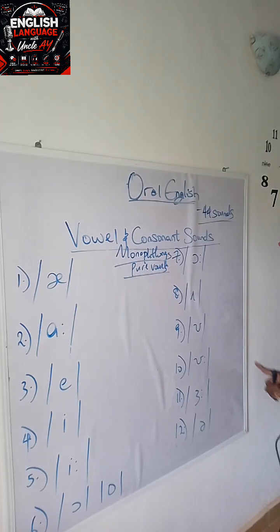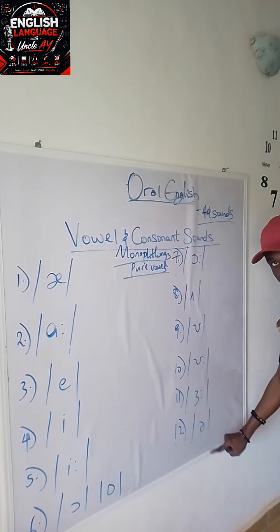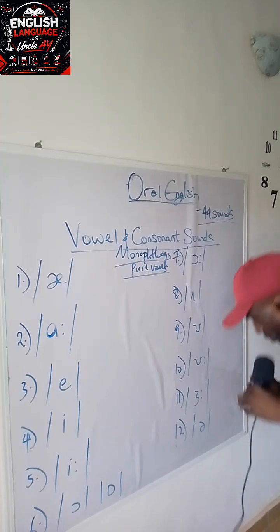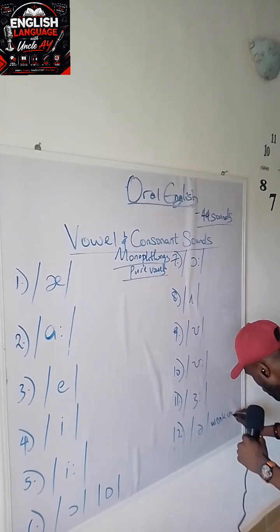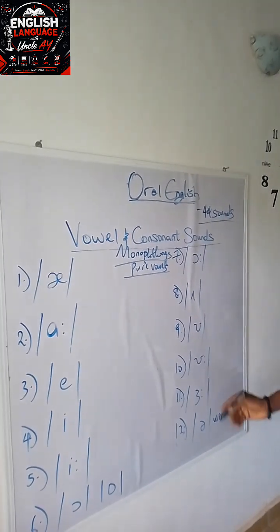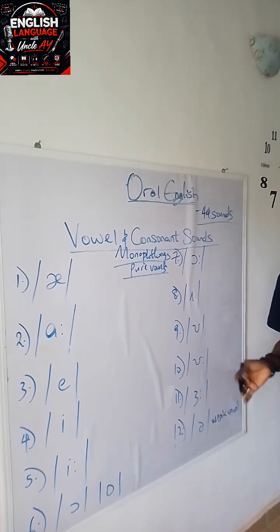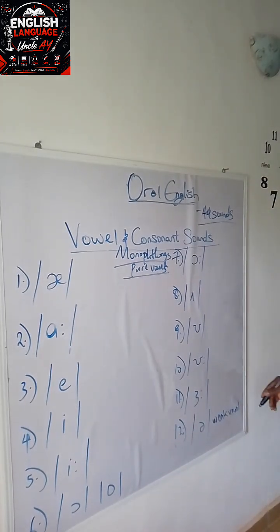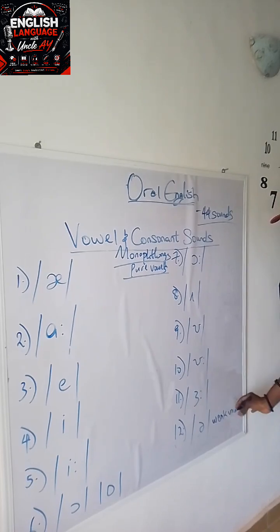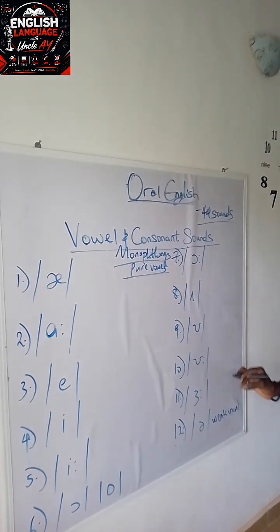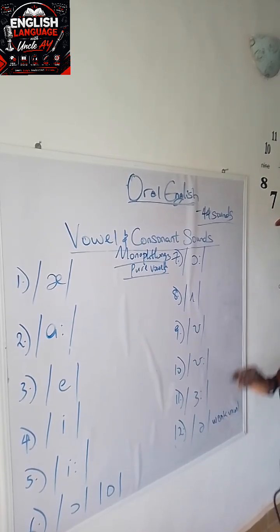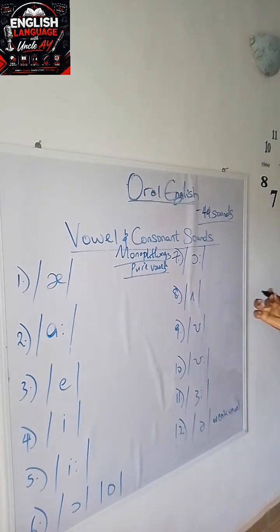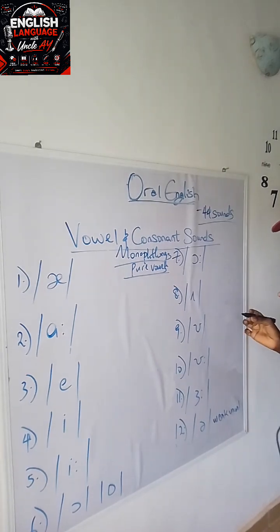As easy as that. And at number 12, this right here is a weak vowel. It's the regular schwa that most students identify this sound as, but it is not a schwa sound per se. It has its own pronunciation, and because it's a weak vowel, the correct pronunciation is very easy, right?